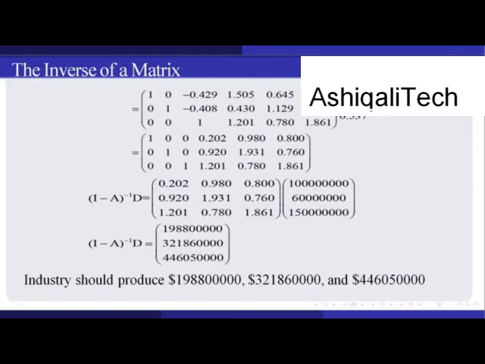The element A12 equal to 0.30 indicates that for every dollar of output from industry 2, 30% is contributed by industry 1. The element A13 equal to 0.20 indicates that every dollar of output from industry 3 requires 20% of output from industry 1, and so on.